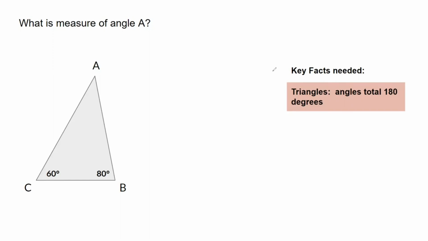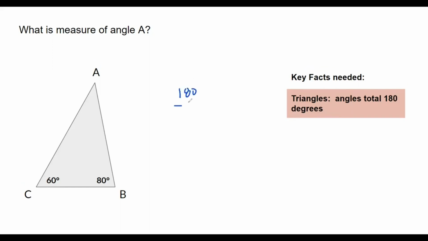That means we can start out with 180 and subtract the two angles that we know. Subtract 60. We subtract 80, that leaves us with 40 degrees. This angle must be 40 degrees. And we could check that by adding these all up and making sure that we get 180, which we do.